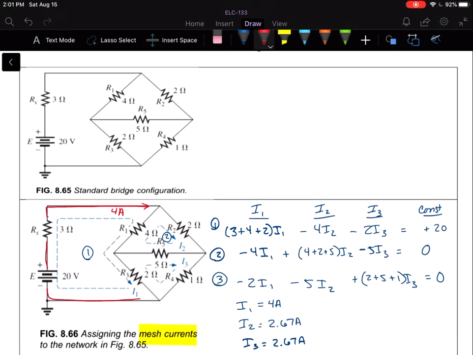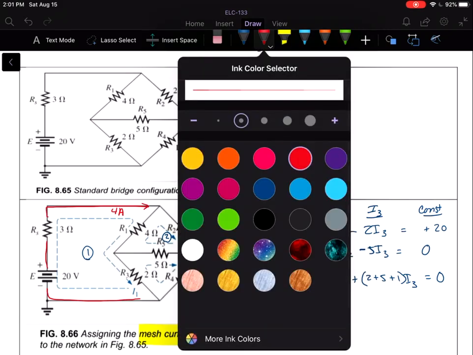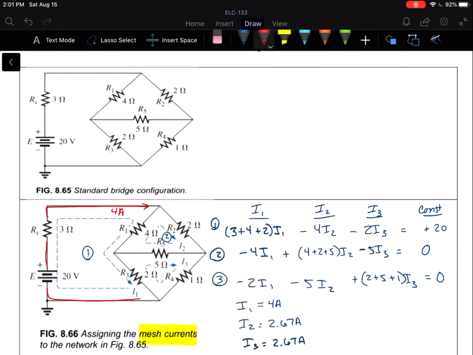So I2, where is I2? Okay, I2 is right here, and it's in the clockwise direction. All these came back positive, so they're all in that clockwise direction, and that's 2.67 amperes. And then I3 is also 2.67 amperes, and that's right here. So let's look at what that means.